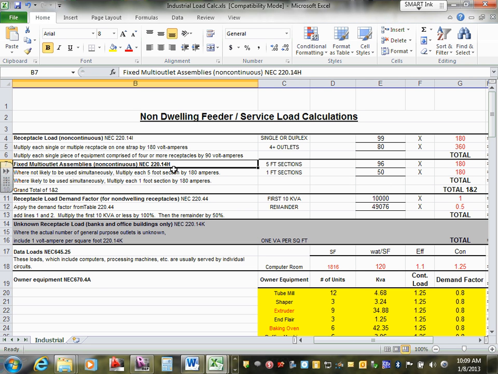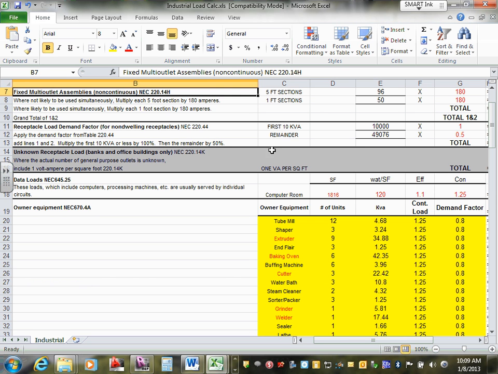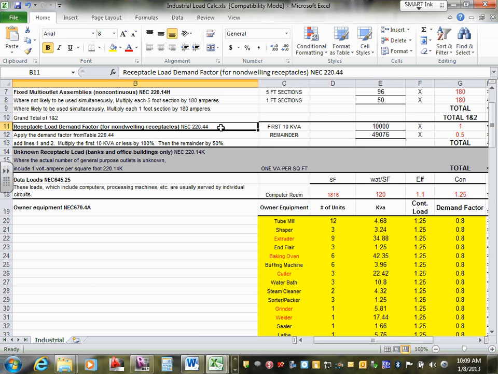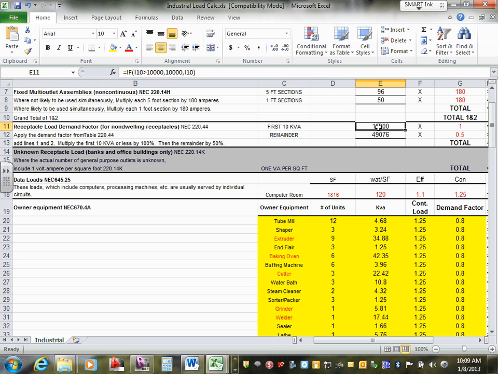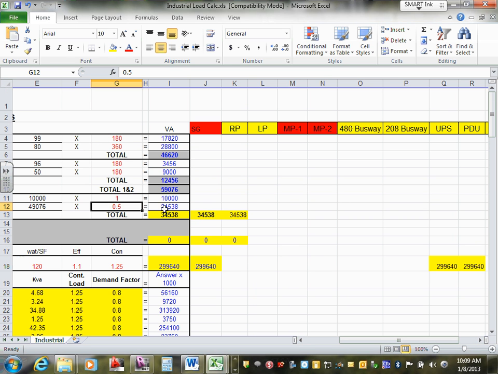So then, you take the first 10,000 VA. You apply it at 100%, the remainder at 50%. Everybody understand what we did? We added all the receptacles. We applied the demand factor for them. Number of receptacles times 180 gets you this number; number of receptacles, quads, multiplied by 360, gets you this number.